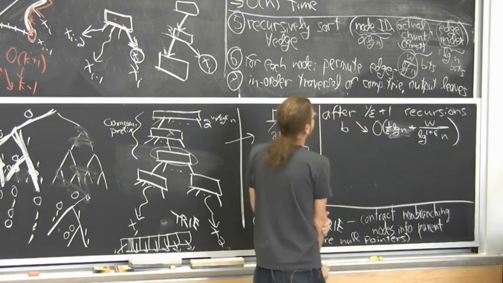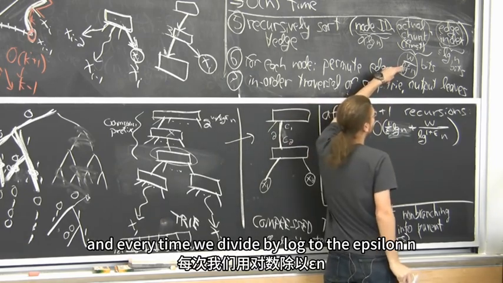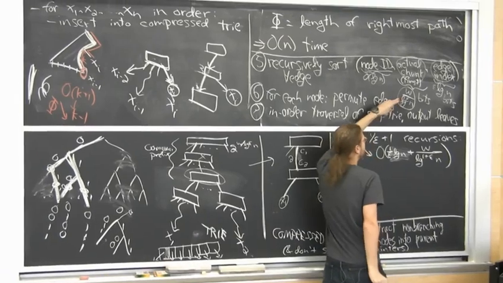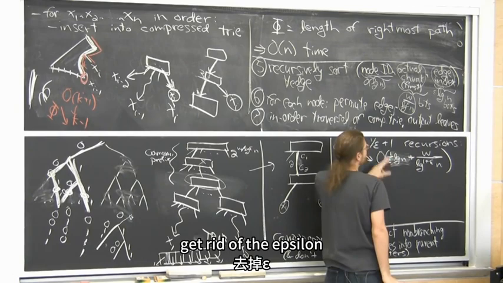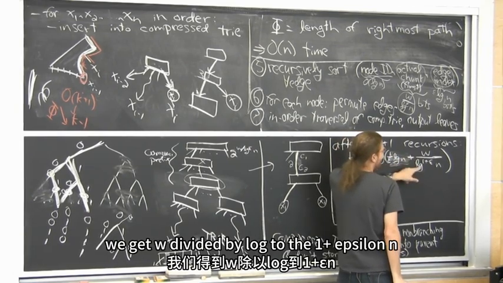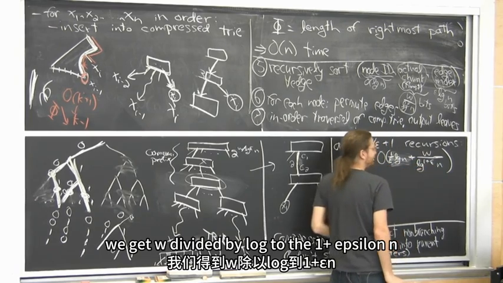Okay. Right? If we take w and every time we divide by log to the epsilon n, then after 1 over epsilon times, we have divided by log n. Get rid of the epsilon. Do it one more time. We get w divided by log to the 1 plus epsilon n.